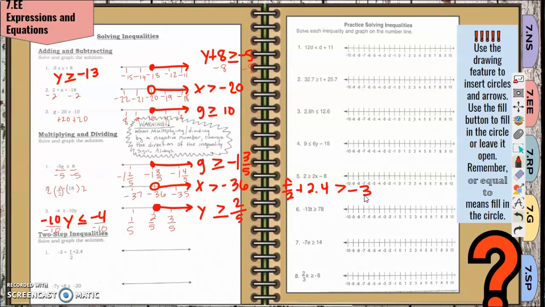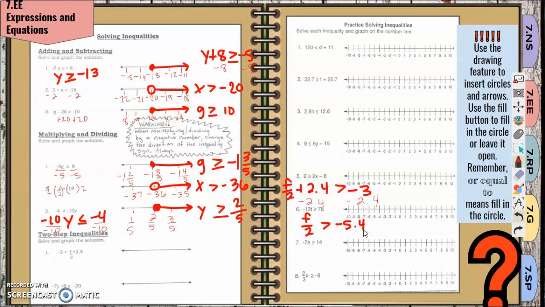Now, just like with two-step equations, first thing I have to get rid of is whatever I'm adding or subtracting, my constant. So I'm adding 2 4/10.